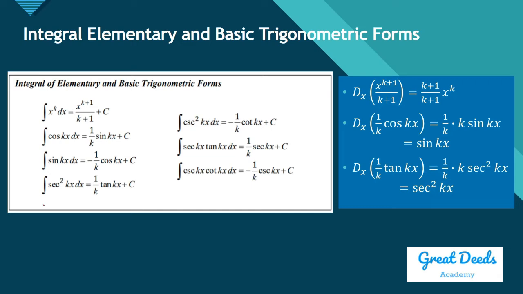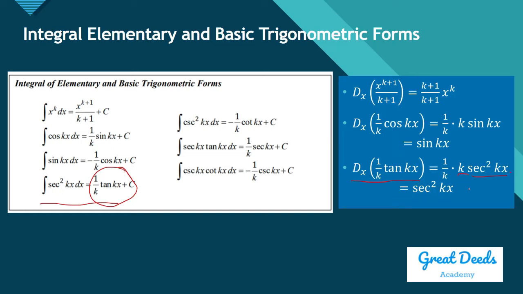How about this? Why is the integral of the square of secant of k times x equal to 1 over k times tangent of k times x plus c? Well, let us get the derivative of this with respect to x. That's going to be 1 over k times the derivative of tangent, which is the square of secant, and then you apply the chain rule times k.